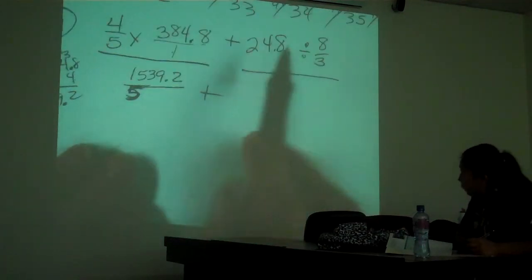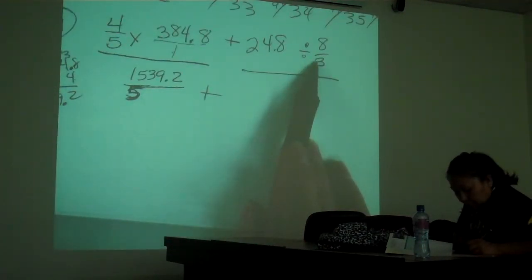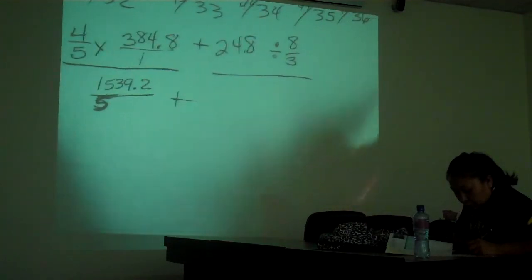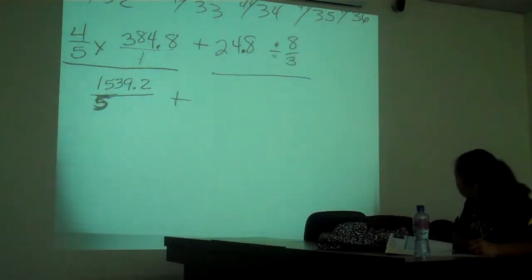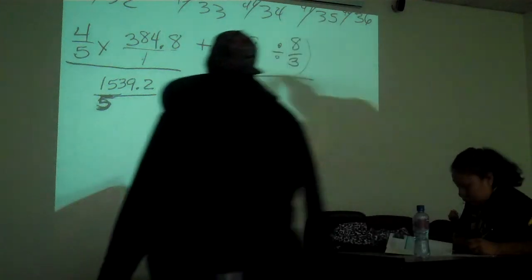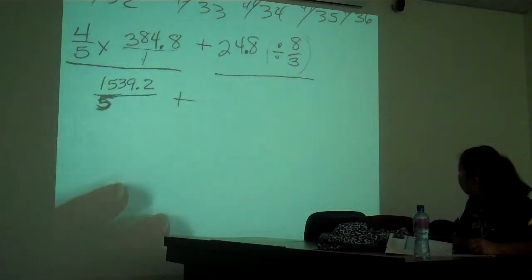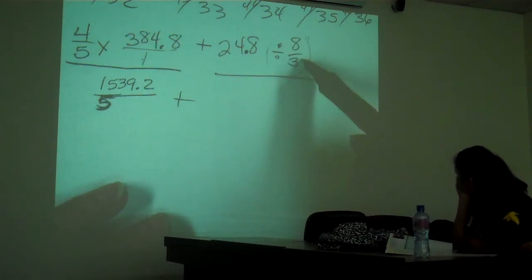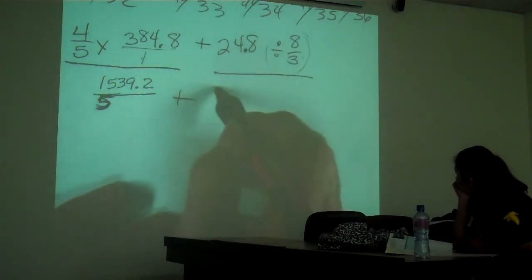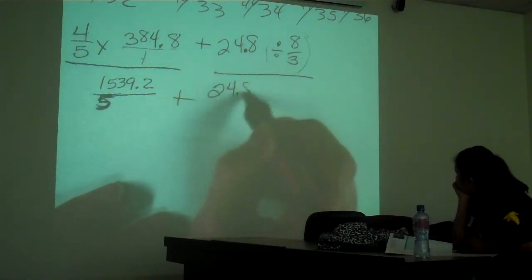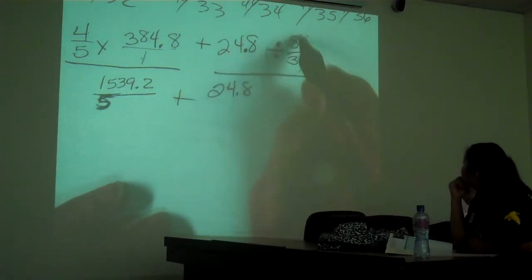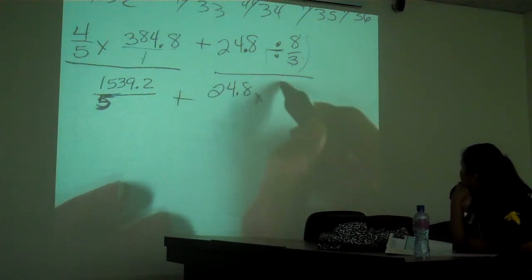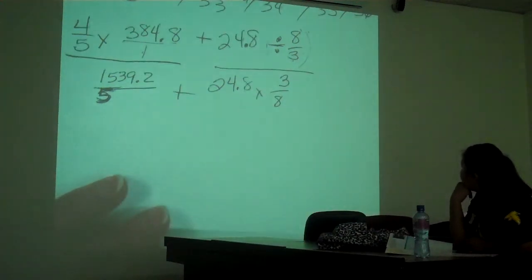Plus, this one is a division. We can either multiply by the reciprocal or turn this into a decimal and then do long division. We don't want to do long division, huh? Let's flip it over. We're going to change dividing a fraction into multiplying the reciprocal.